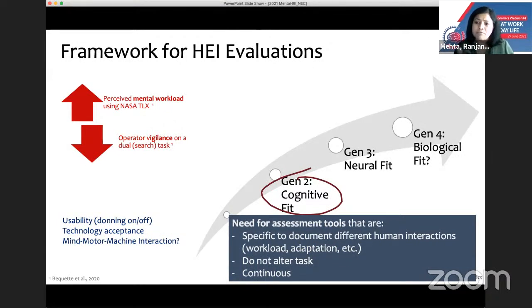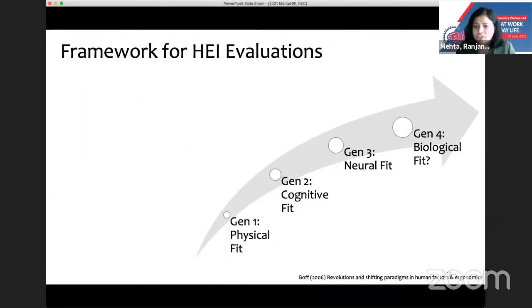And finally, with some of these tools like the NASA TLX, you have to break the fluency or the flow of the worker to ask them these questions. And sometimes in some applications like trust, you may even prime them to the intent of the protocol, and you don't want to do that. And so there are some of these challenges.